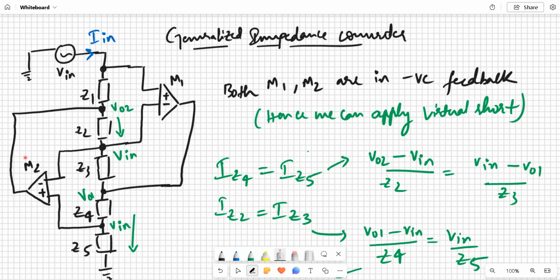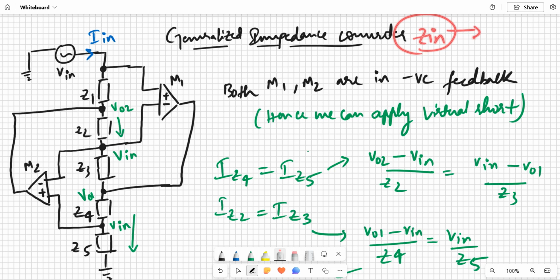The basic idea behind analyzing the circuit is, for the voltage source Vin, some current Iin will flow, and if we replace it with the Thevenin's equivalent, the Thevenin's impedance would be Zin, which is Vin upon Iin. So we are basically finding Iin to see how Zin behaves.